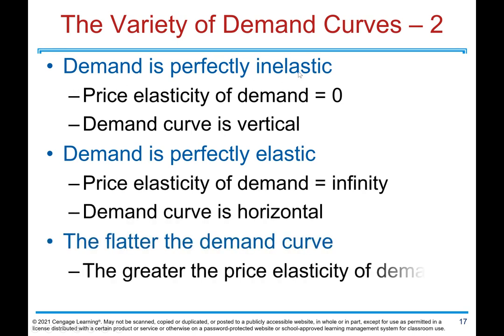Demand is perfectly inelastic when price elasticity of demand is 0, and the demand curve is vertical. Demand is perfectly elastic when price elasticity of demand is infinity, and then the demand curve is horizontal. The flatter the demand curve, the greater the price elasticity of demand.